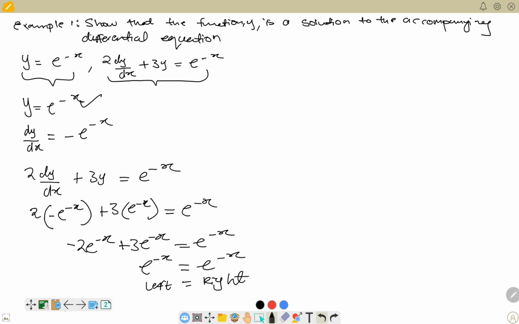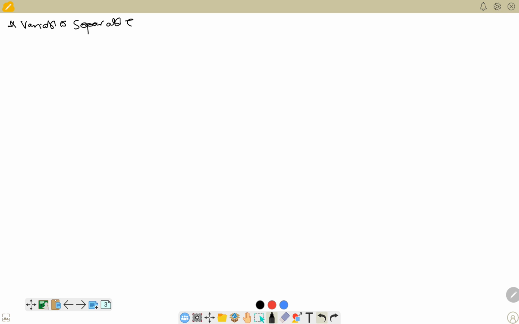So let's continue. So we have types of differential equation. We will look at differential equations of which we are able to separate variables of x and y. Let's use x and y for this lesson. So if you are having an equation of dy/dx, generally we have a function here g of x and h of y.